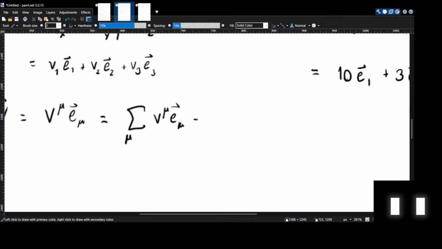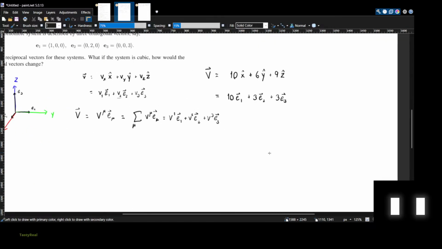So over here, it would be equal to the first component of v, in this case v1, e1, and v2, e2. Again, this does not mean v squared. This means the second component of v. It's almost the same as the lower index, but in curved spacetime, it might not be. But for our case, it is. So this is what it means. Einstein summation notation.